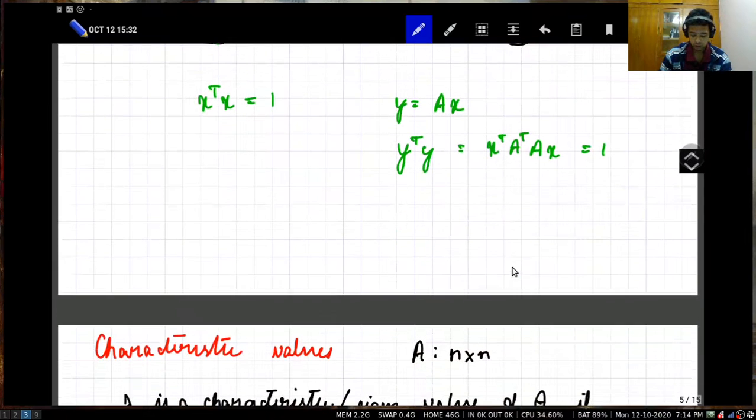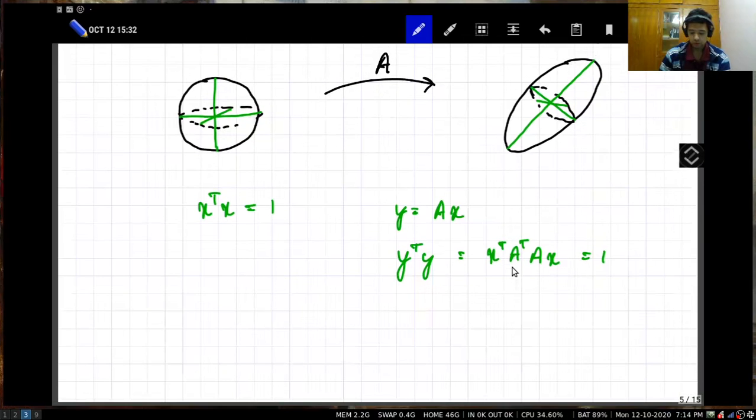Okay, right. So the agenda for the next couple of lectures will be to somehow analyze the principal axis of this ellipsoid and see the connections to eigenvectors. First, let's see what eigenvalues and eigenvectors are.